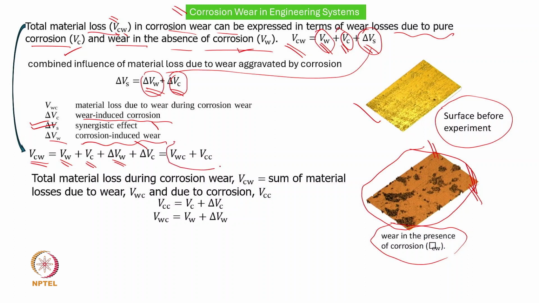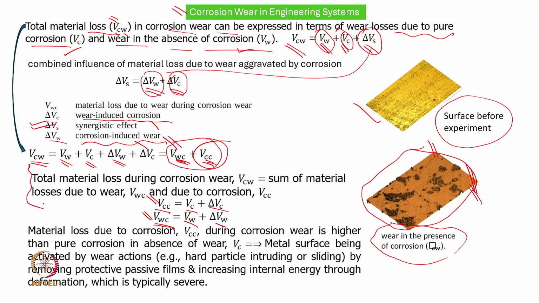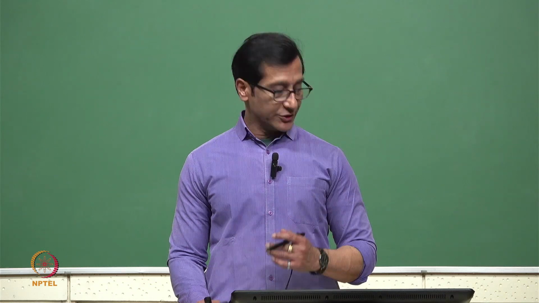However, if you want to reformulate it, one is related to the wear in presence of corrosion, the other is the wear in absence of corrosion. So V_WC is with corrosion and V_W is without corrosion, and this has been reformulated in this manner: V_CC is equal to V_C plus delta V_C. V_WC is V_W plus delta V_W. Now it is easy to formulate in this manner, but we require a mathematical equation, mathematical relations.